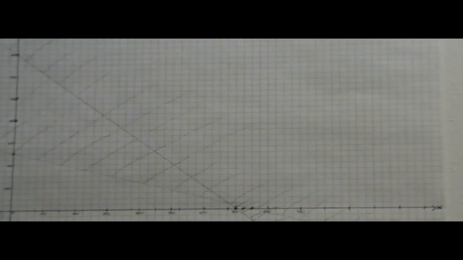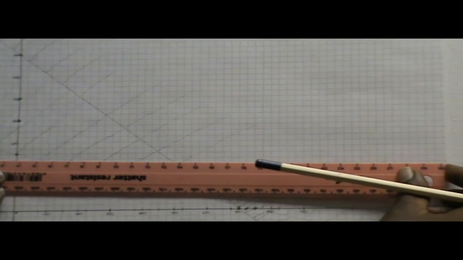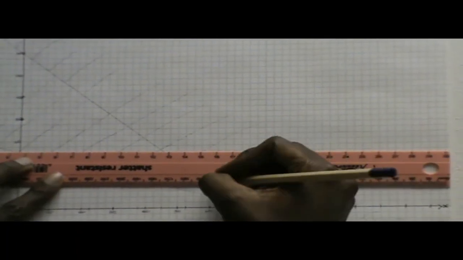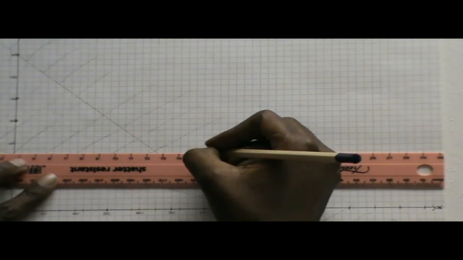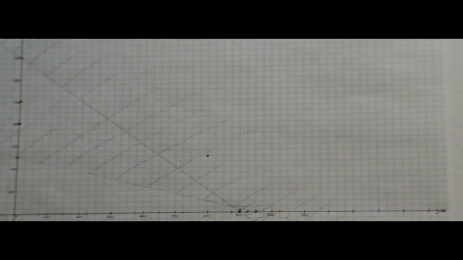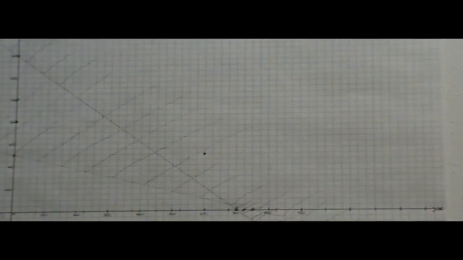This is 600, so this is 500. I need to use my ruler just so that I don't make any mistakes. So 500 is just there, and it has to be above 600. So there it is. Okay, so this is the point 600, 500, which lies on the line x plus 2y.